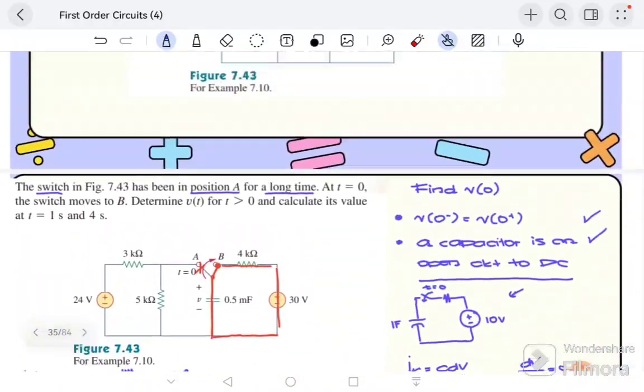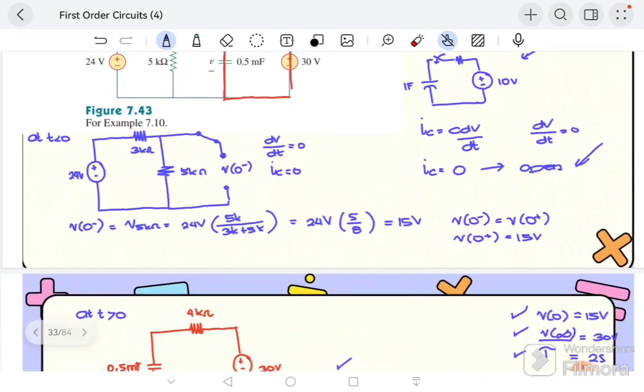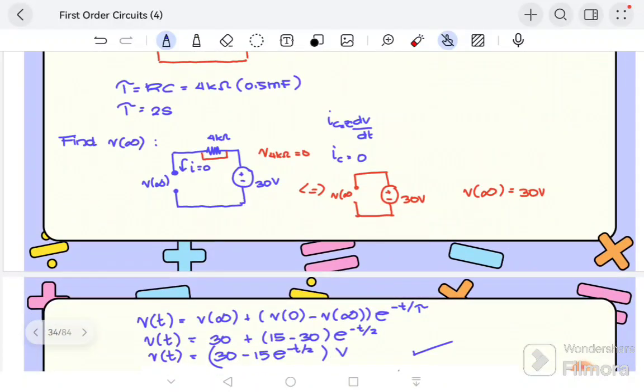So, again, our problem is to find V of t. First we found V of t. Then, calculate the value of V at t equals 1 and 4 seconds. What you do is just substitute.